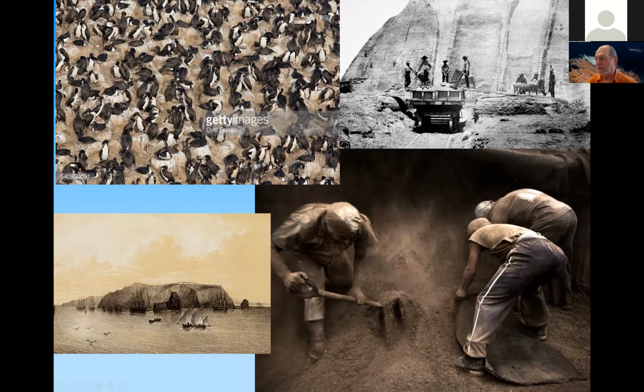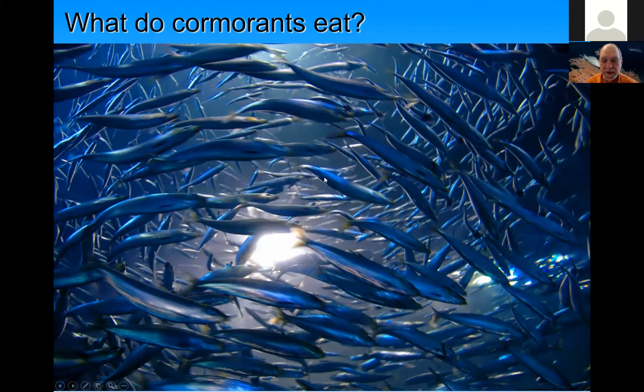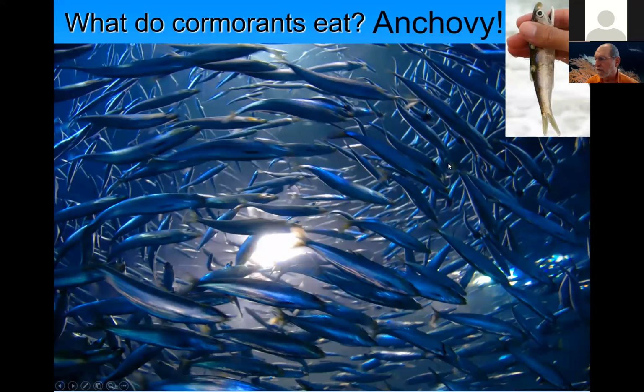What do cormorants eat? Cormorants eat this pelagic fish, which we call anchovy, and anchovy are small fish. They're just a couple of inches long, and they live in the upper ocean. We refer to them as pelagic fish because they live up in the top, in the photic zone.